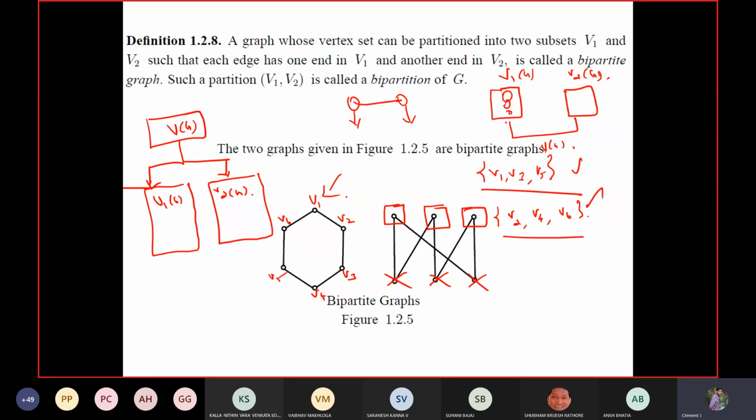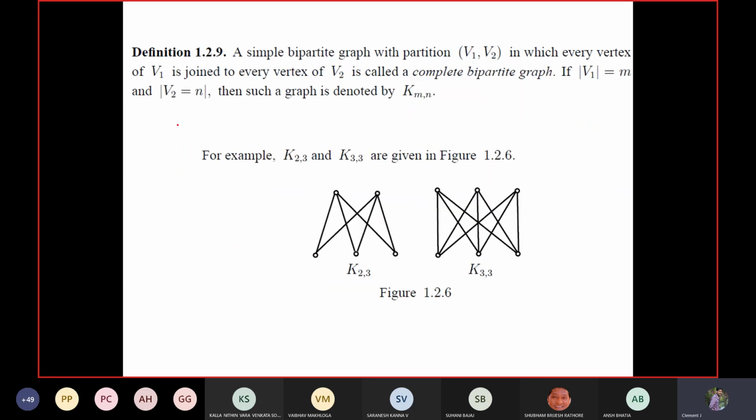The last one is completely correlated with the previous definition, bipartition. See here, in bipartition, you took the vertex set of G and split it into two vertex sets, V1 and V2, right? The condition was that one end is in V1 and the other end is in V2. That is applicable for any edge of the graph.